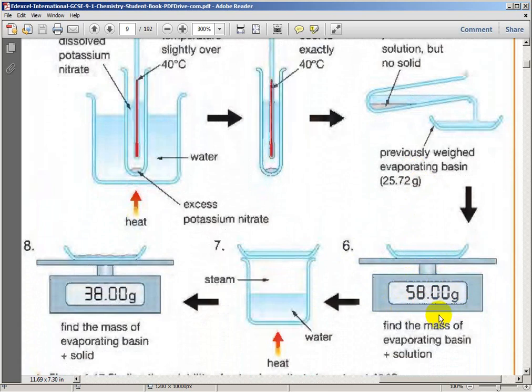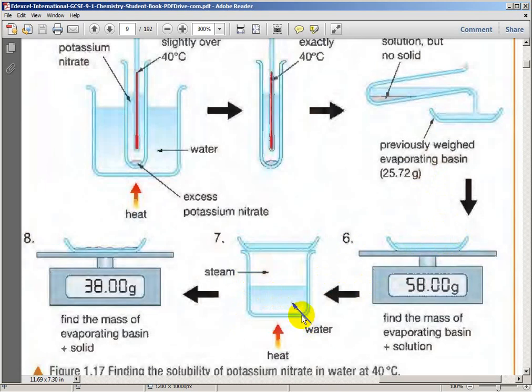Now this is 58 grams, the evaporating basin with contents, with solution. Then you give heat to turn the water to steam. You heat the solution to evaporate off the water.